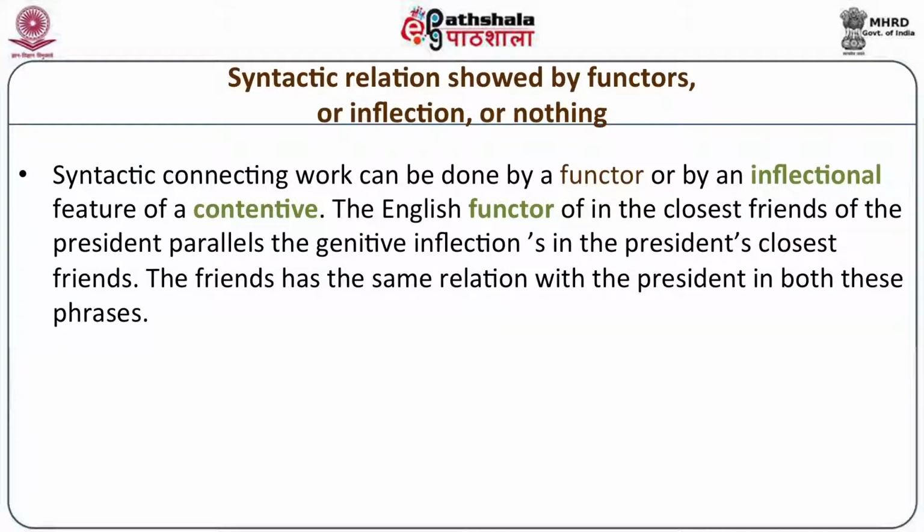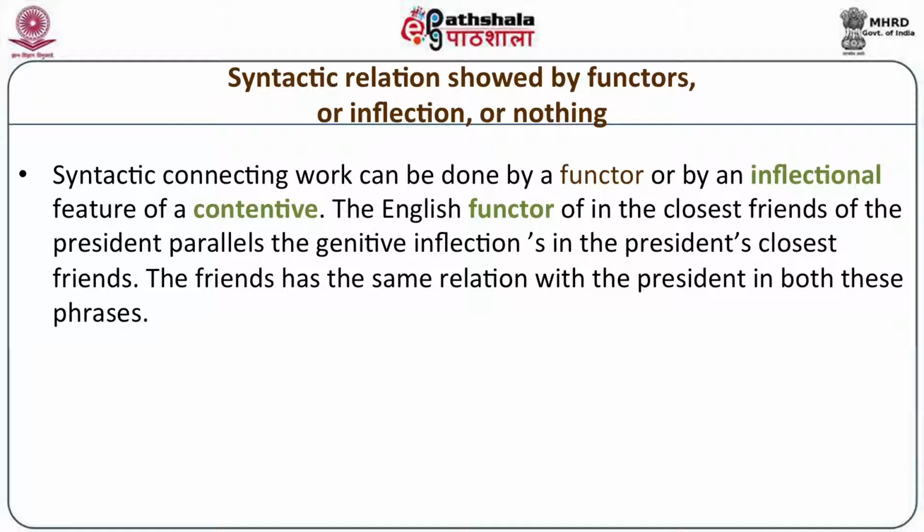They're doing functional work. Sometimes the work done by a functor is identical to what is done by some inflection. For example, the president's friends, president apostrophe S friends, where the connection between friend and president is being made by the apostrophe S inflection, the genitive case marking on the word president.